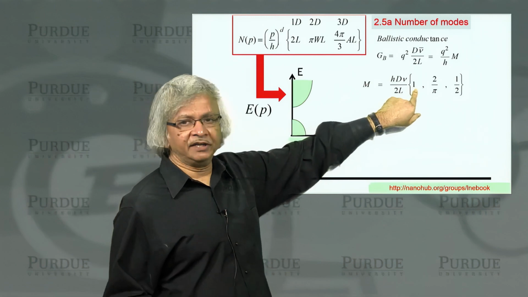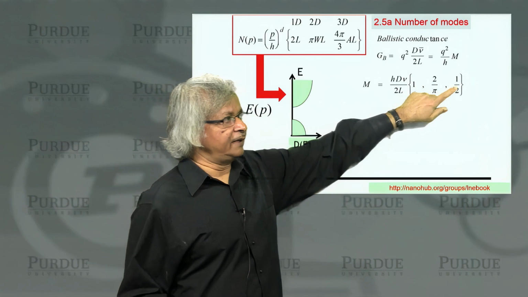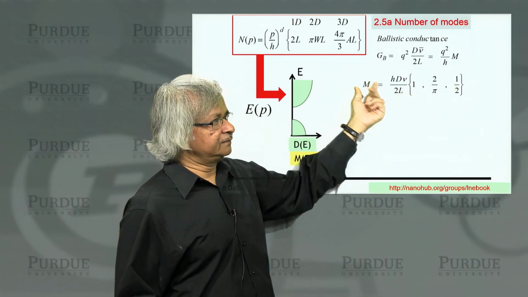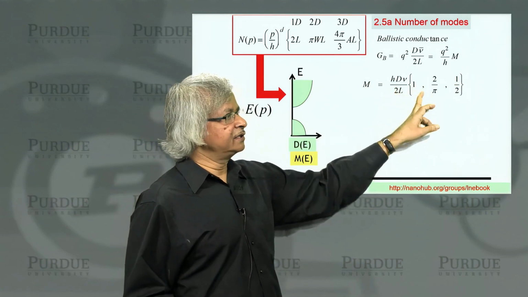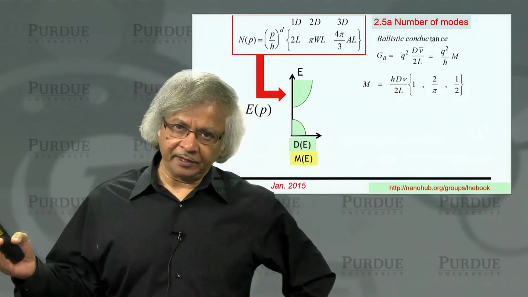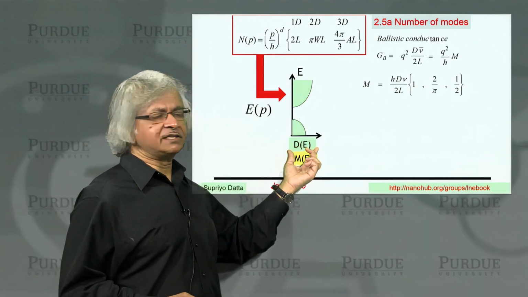So in 1D, that average, you just have this 1 here, 2 over pi, and this half. So this number of modes then is given by this expression with 3 different constants depending on 1D, 2D, or 3D. Okay. Now, we already have an expression for the density of states.